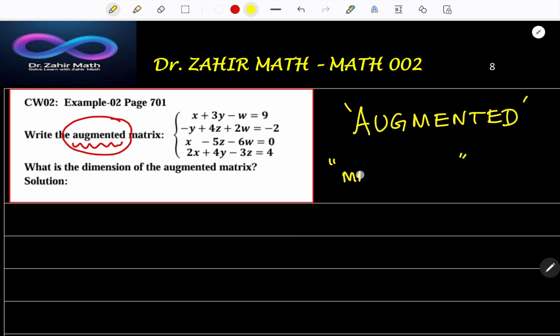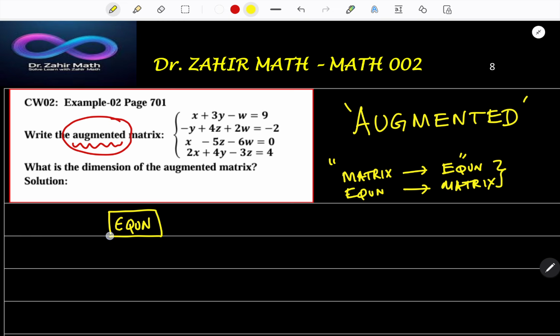Matrix will be given and you are supposed to write the equation. And the equation will be given, you are supposed to write the matrix. These are two standard questions, very important also. Now what is given? The equation is given. What are you supposed to write? You are going to write it as a matrix.